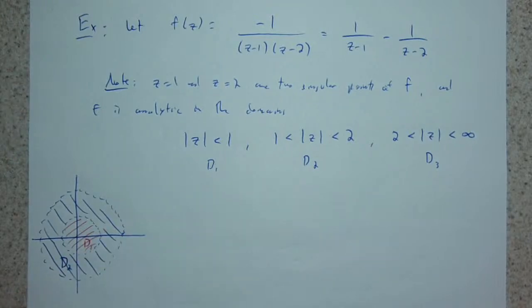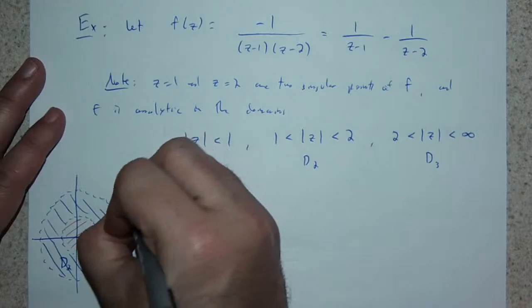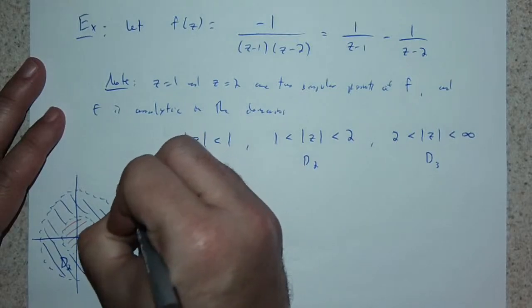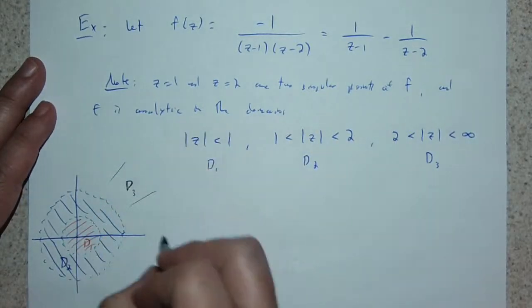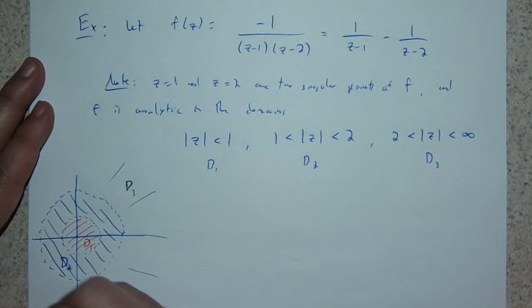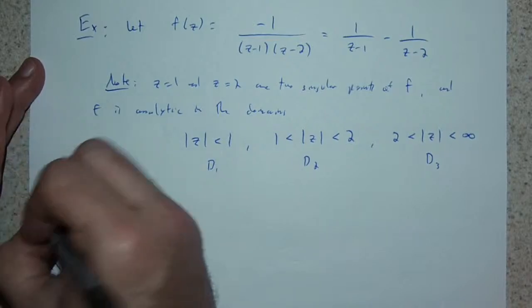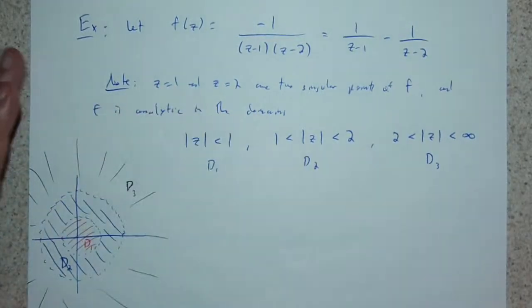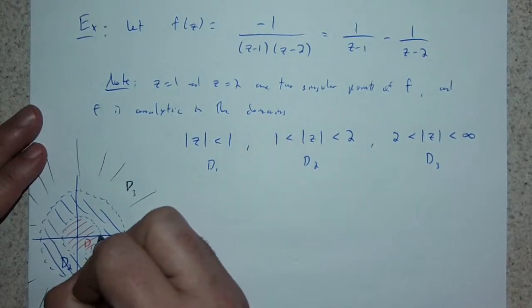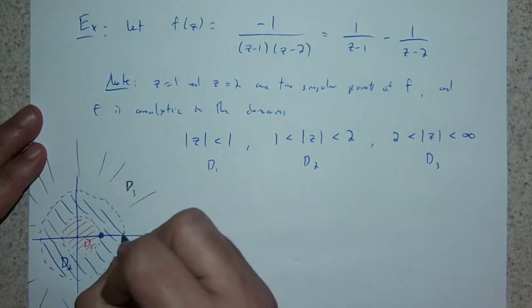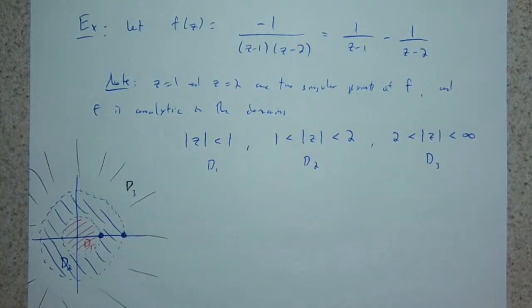And then d sub 3 is everything exterior, and I'll use black for that. So d sub 3 is everything else, which I won't shade in as aggressively. Okay, so I have split my plane in this way. I have two singular points, right? Here's one of them. Here's the other. Okay, they are excluded in this way that I have split.